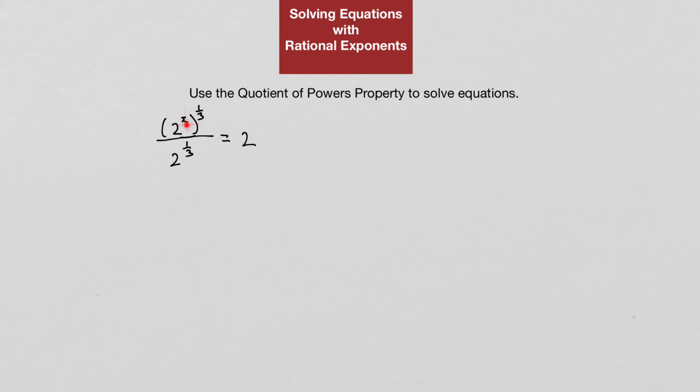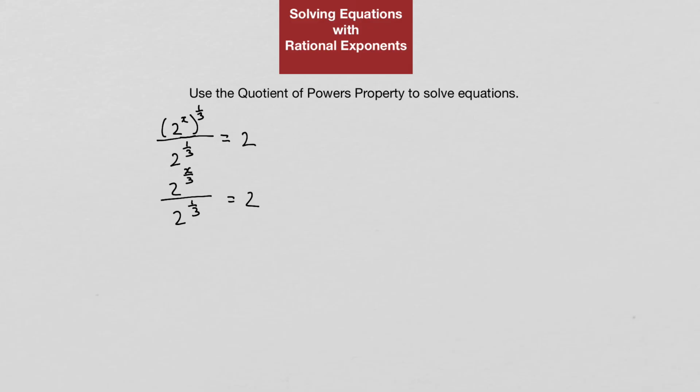We have a power raised to another power, and so we know from the last 2 examples, I believe, when this happens, a power raised to another power, we can multiply those together. So then when we rewrite this, it's going to become 2 to the x over 3 power over 2 to the 1/3 power is equal to 2.